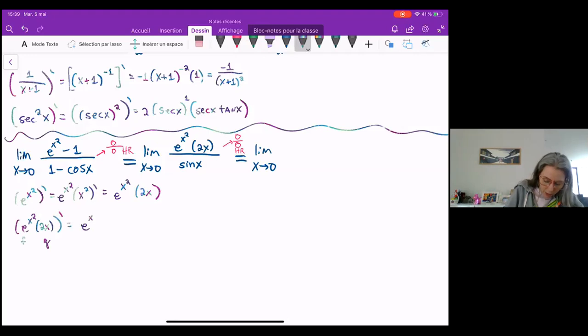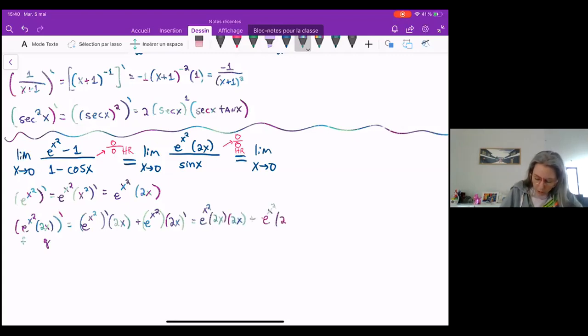So this is e to the x squared prime times 2x plus e to the x squared times 2x prime, which gives me e to the x squared times 2x times 2x plus e to the x squared times 2, which results in 4x squared e to the x squared plus 2e to the x squared. So we just did our product rule there. So we're going to replace our numerator there.